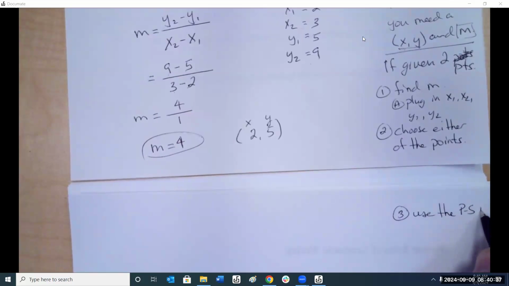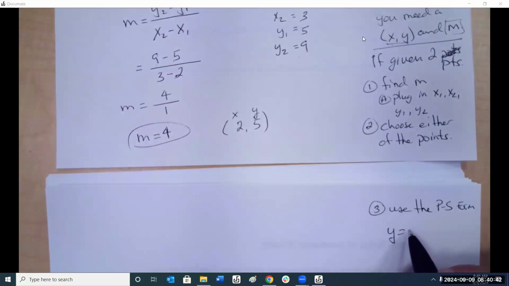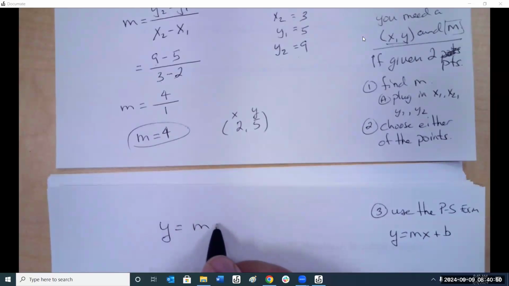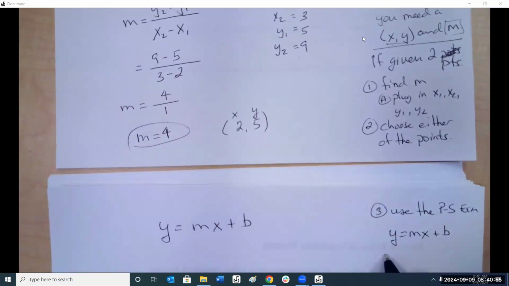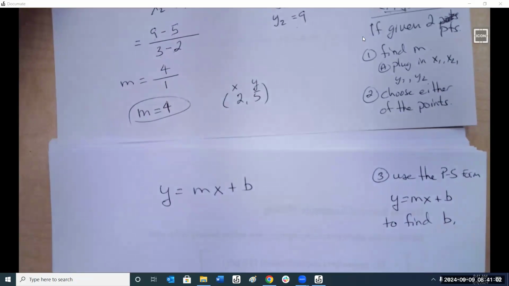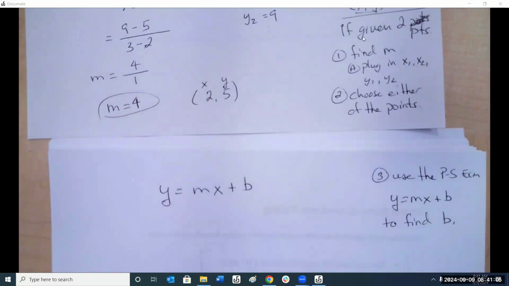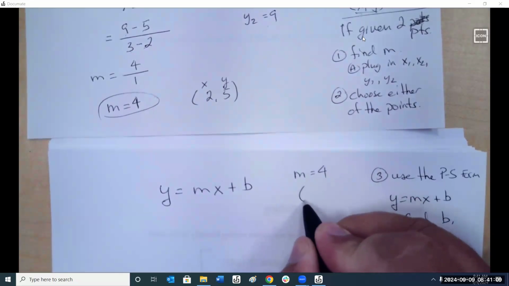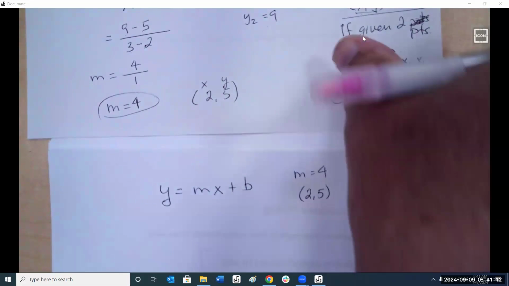Use the point slope formula, which is y equals mx plus b, to find b. So our m is 4, our point is (2, 5).